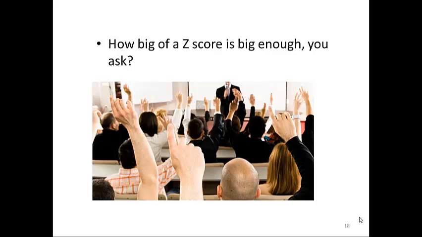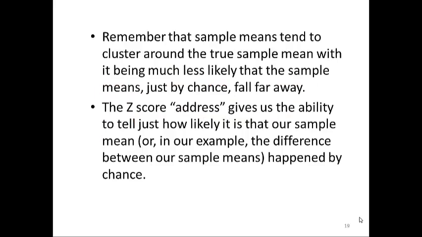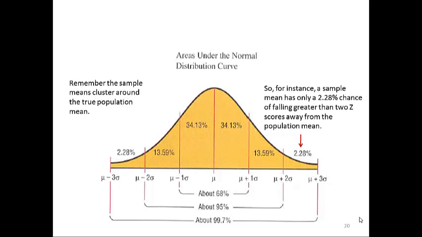How big of a z-score is big enough? Remember, sample means tend to cluster around the true sample mean, with it being much less likely that the sample means just by chance fall far away. The z-score address gives us the ability to tell just how likely it is that our sample mean happened by chance.